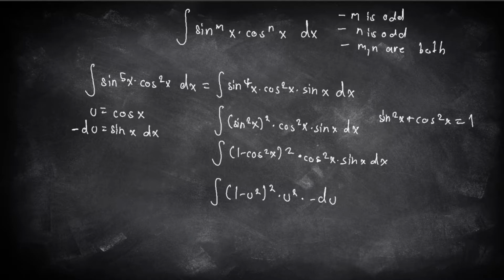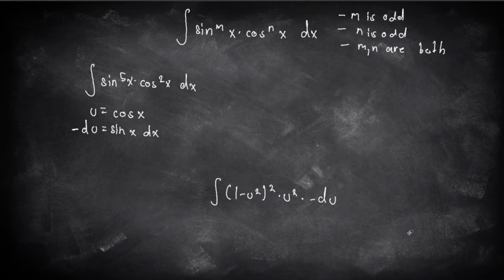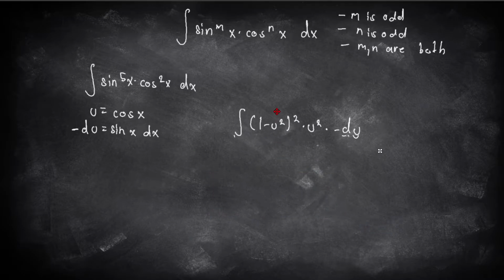Okay, now let's delete these so we get room to do some more math. Now let's expand this out. 1 squared times u squared is u squared, and 1 times u squared times negative 1 is negative u squared.